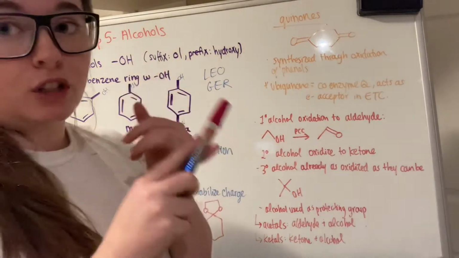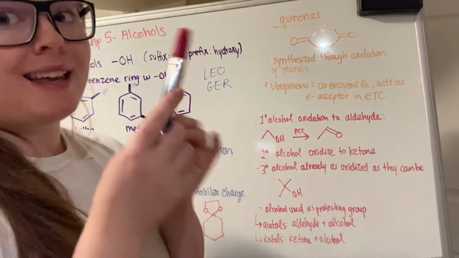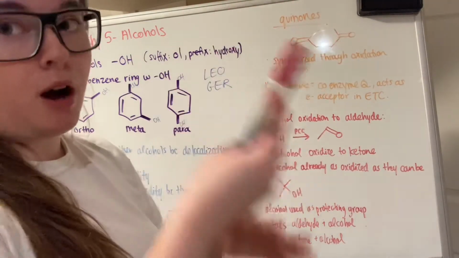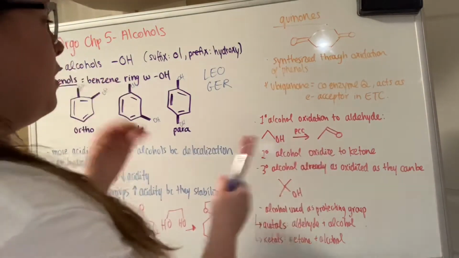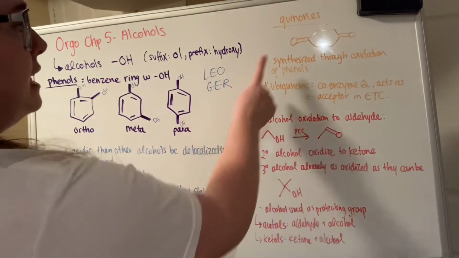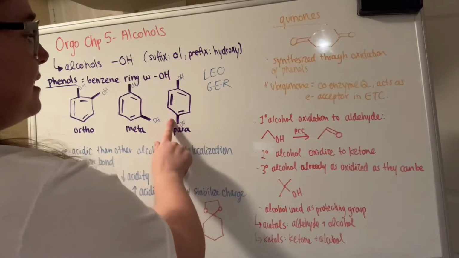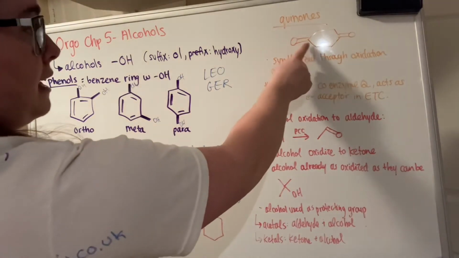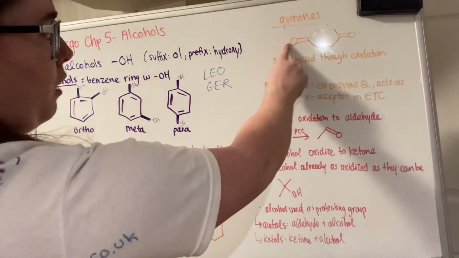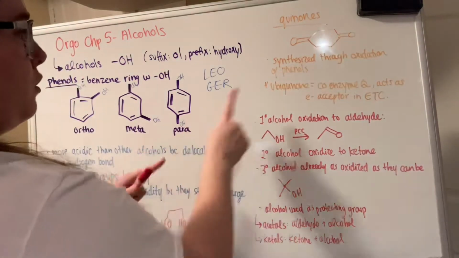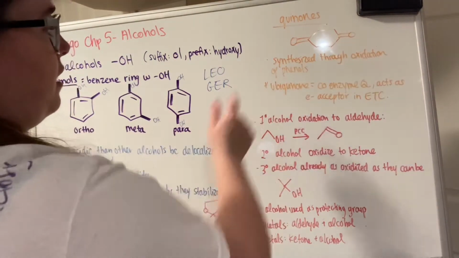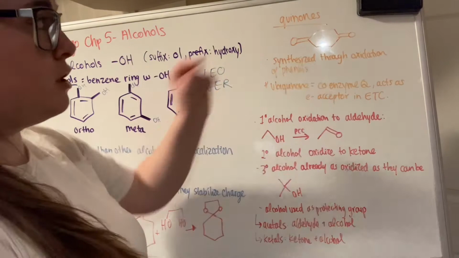So we know that it has to have a loss of electrons or a gain of a bond to oxygen. If you're going from this to this, you can see that there was a gain of a bond to oxygen, which is why it's been oxidized. This phenol has been oxidized to become a quinone.